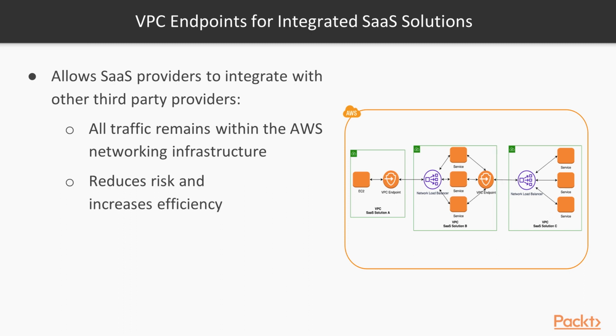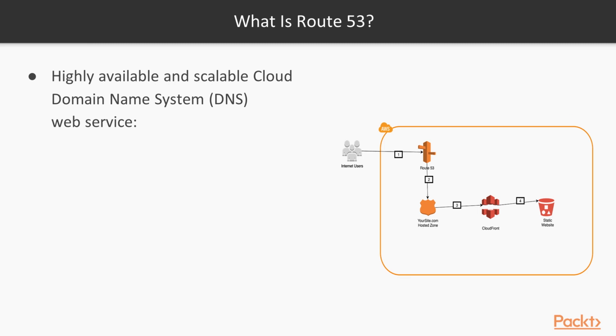And this obviously reduces risk and increases efficiency. Risk is reduced because you don't have to go out over the internet with your traffic. And efficiency, same reason. It's all within AWS's high-speed networking infrastructure. And it makes service integration more secure. So that was VPC endpoints.